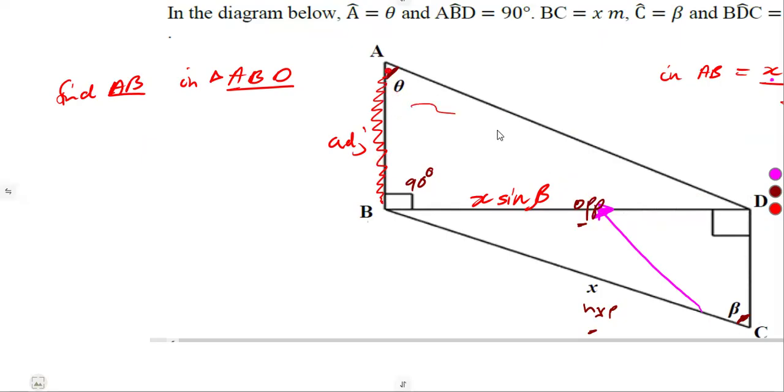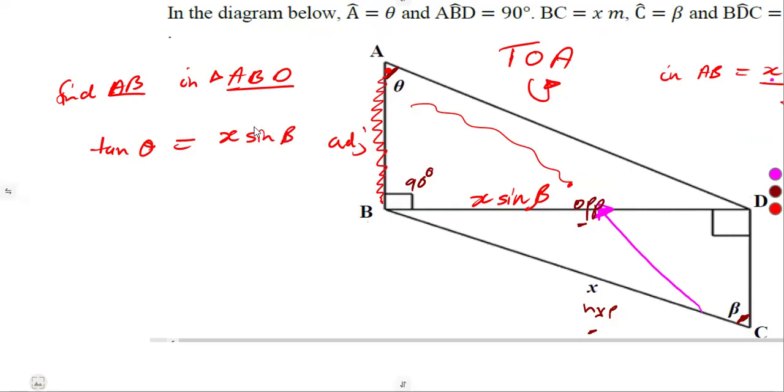So according to theta, this one still remains as the opposite. So BD, the one that we're given there, is the opposite. Remember we calculated BD. So we're going to use the tan. So the tan of theta is equal to what? Remember from our SOH CAH TOA, tan is opposite over adjacent. What is our opposite? That is x sine of beta, over the adjacent, which is the AB in this case. Remember, we need to calculate or to find AB.